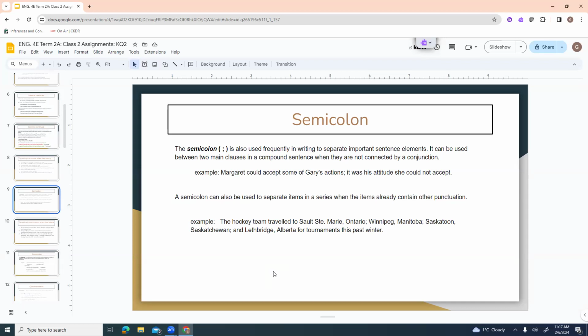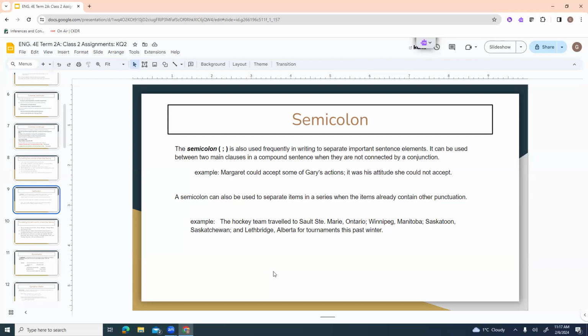A semicolon can also be used to separate items in a series when the items already contain other punctuation. And the reason for that is just to kind of keep people from being confused. So if I have: the hockey team traveled to Sault Ste. Marie, Ontario, and then I put a semicolon to show you now I'm giving you a new place.